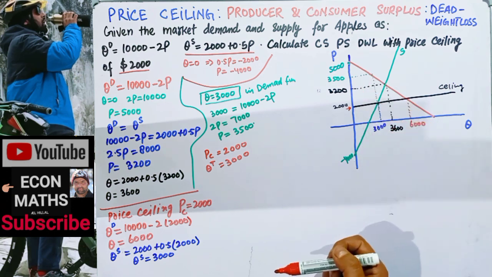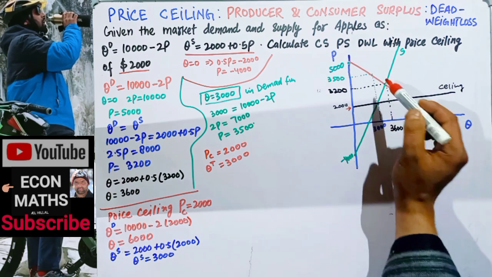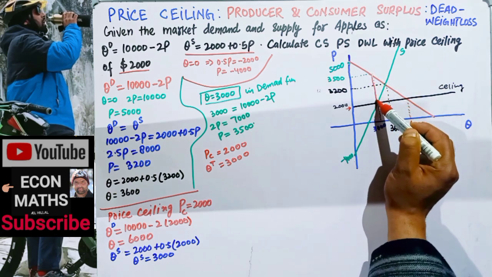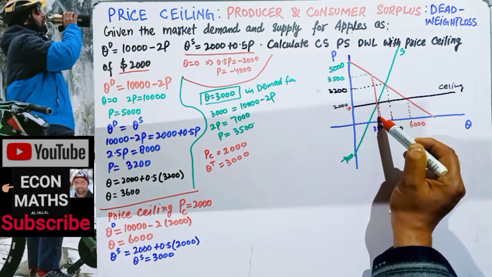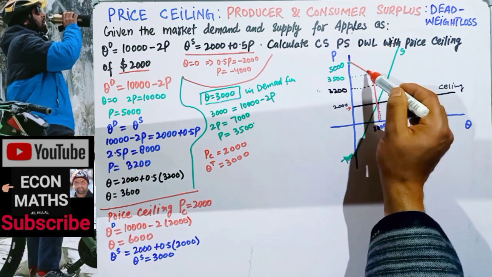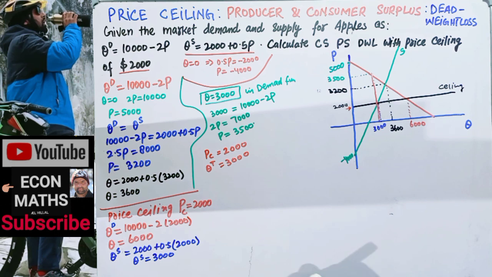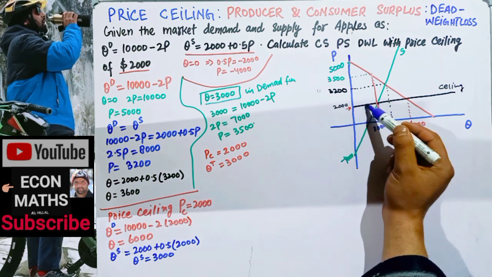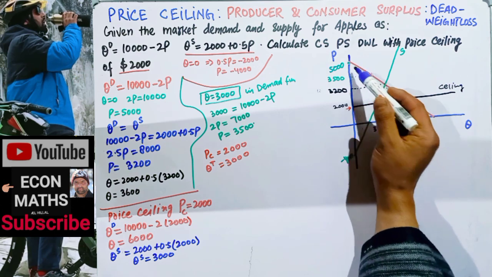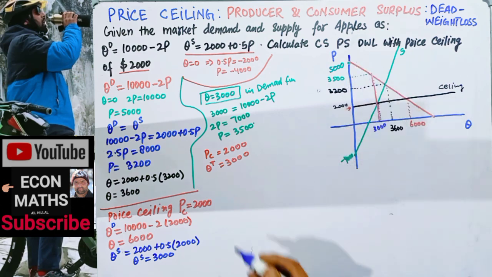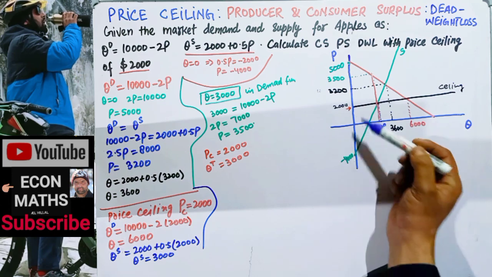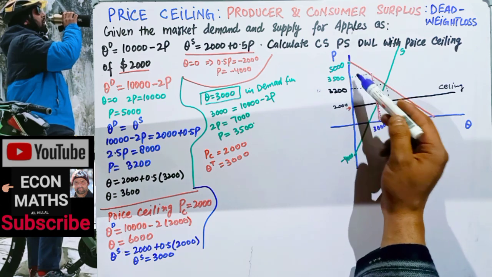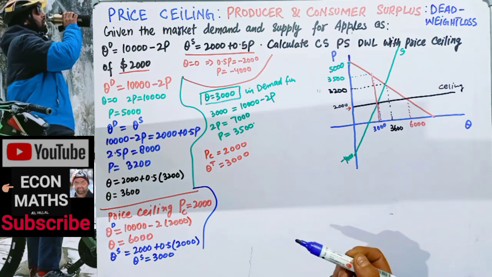Okay, and we are concerned with this area. Let me show it here. Price is 2000, consumer surplus will be the area of this very quadrilateral, the area which is above the price ceiling and below the demand curve here.